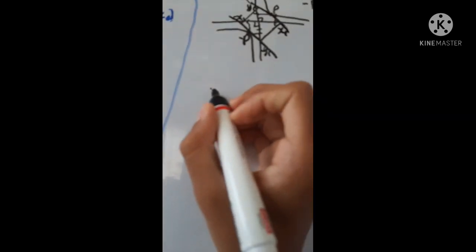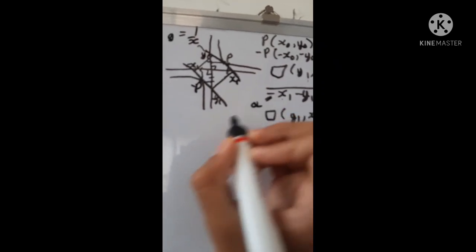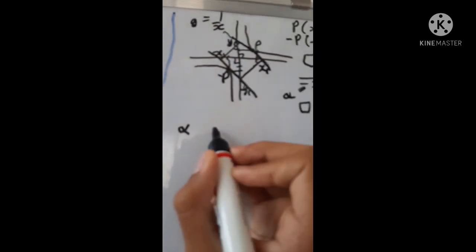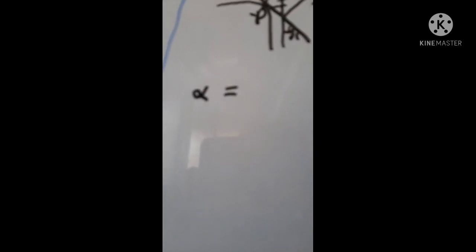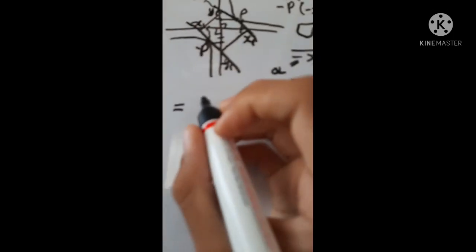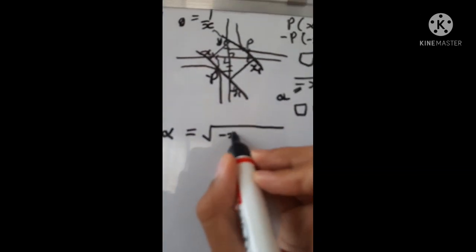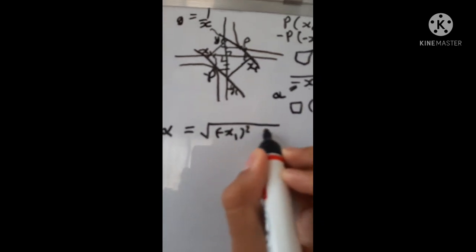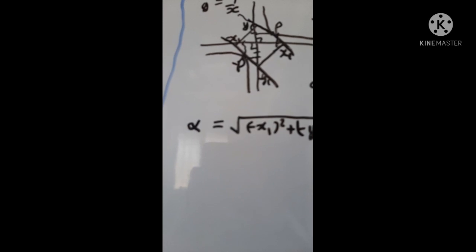So let's call this length alpha. So alpha is equal to the square root of minus x1 squared plus minus y1 squared, right?